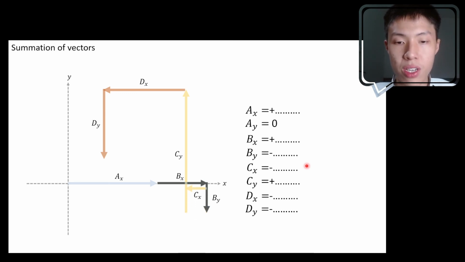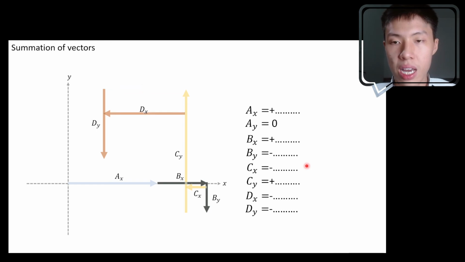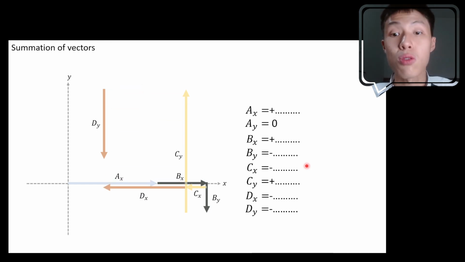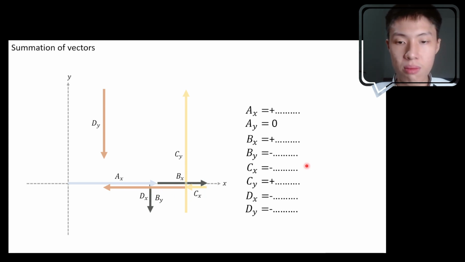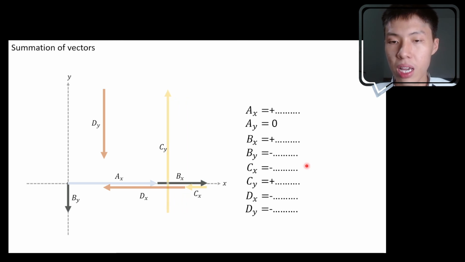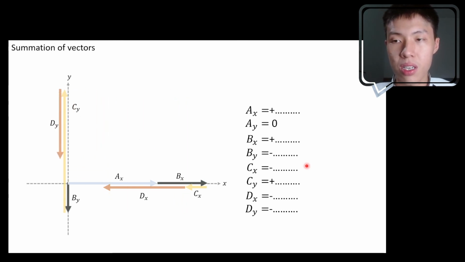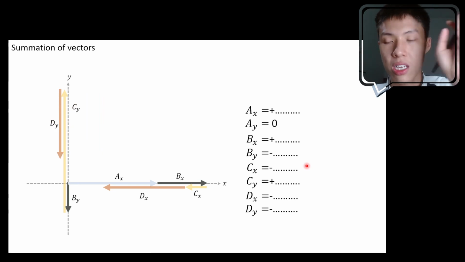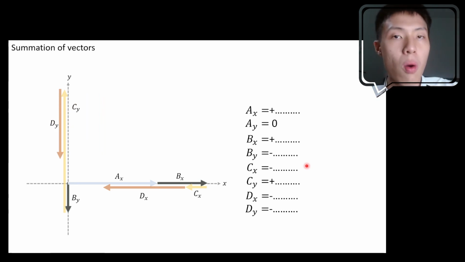So now I bring CX to the x-axis, I bring DX to the x-axis. Then I also bring all the Y components to the y-axis. I bring BY over here, I bring CY over here, I bring DY over here. All the Y components, I collect and put at the y-axis.